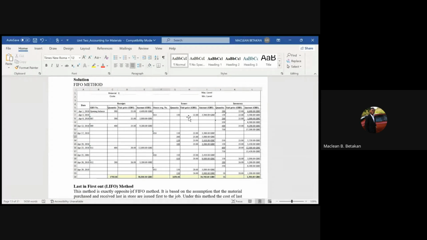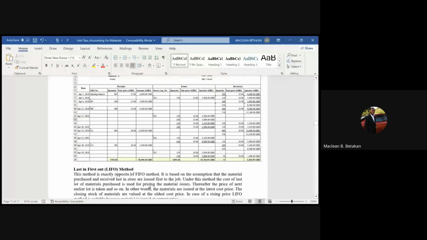So this method is used mostly when there is inflation. When there is inflation and you are keeping the old inventory, you end up making supernormal profits on the inventory. Like in recent times when prices of things were increasing. For instance, somebody was having goods in 2020 valued at 50 cedis per unit.